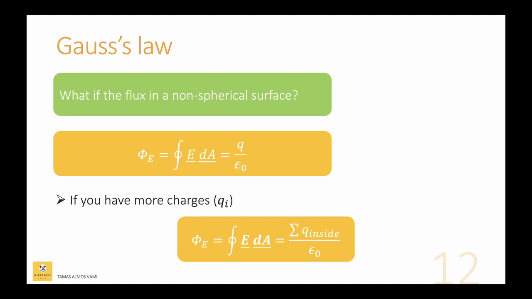So the numerator of the right hand side changes to the sum of these charges which are inside of the Gaussian surface. That's important. So charges which are outside are irrelevant to this case. What's important is only what is inside of the surface.